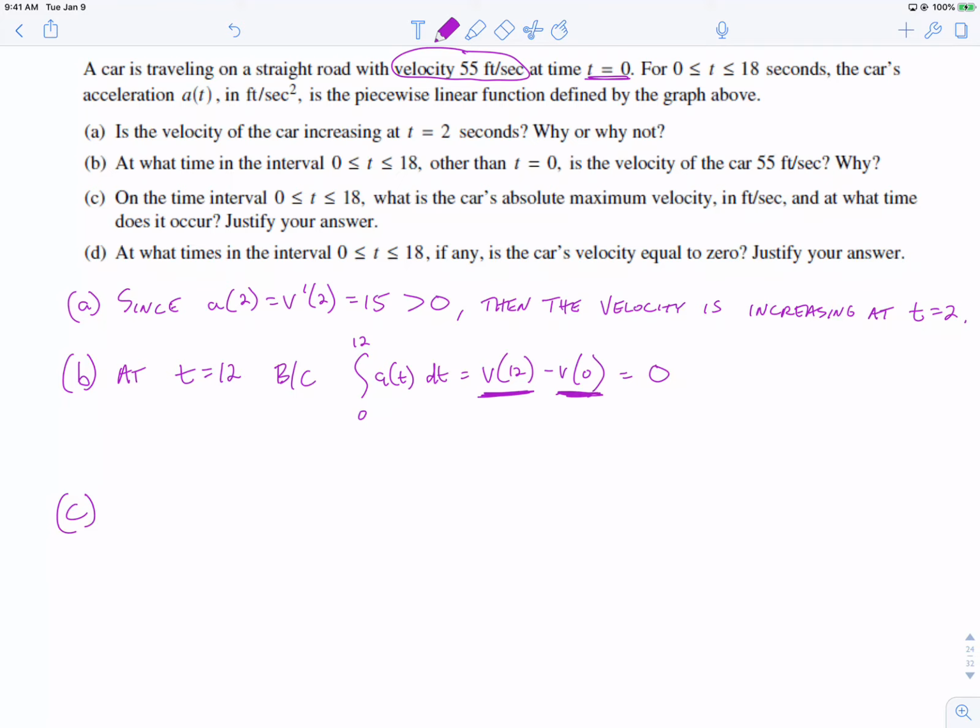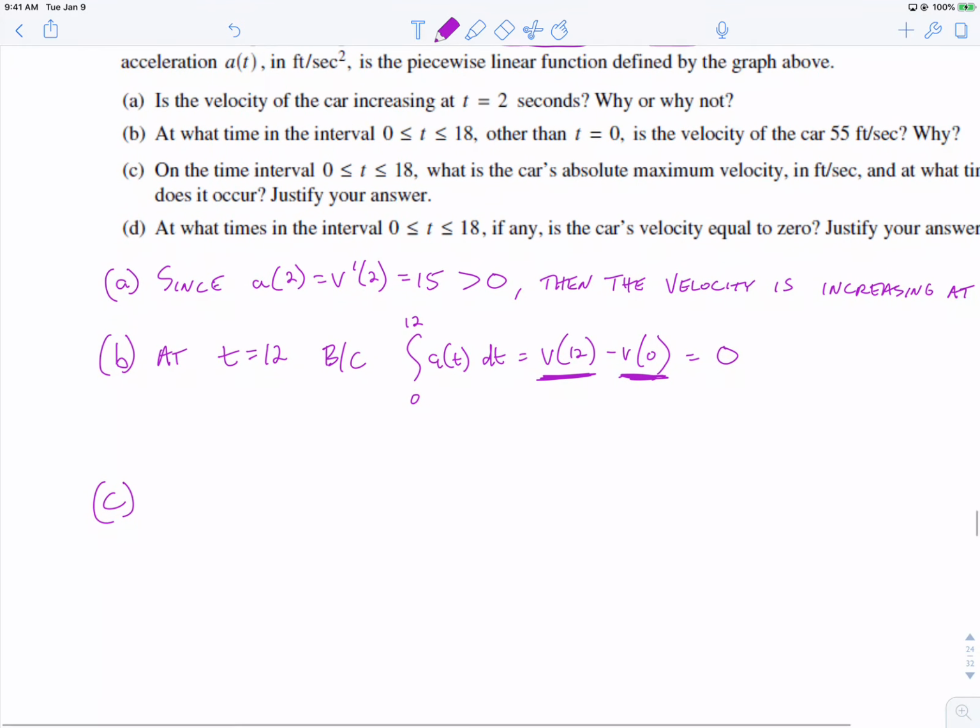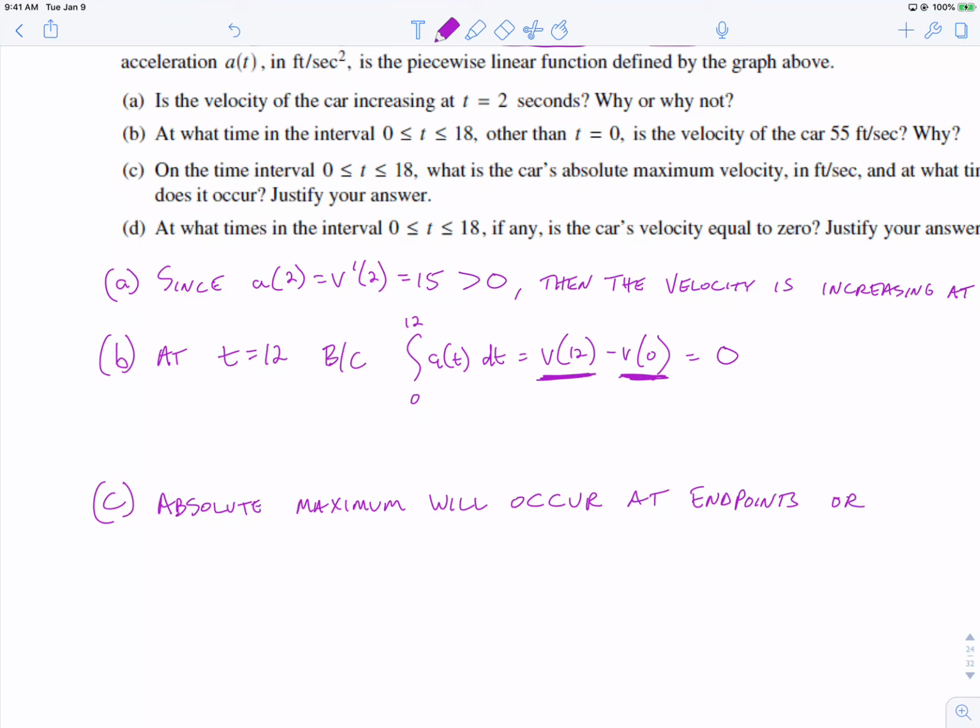So the extreme value theorem says that the absolute maximum will occur at the endpoints of the interval or anywhere the derivative equals 0.